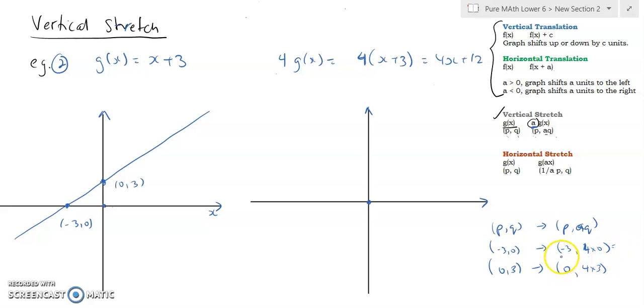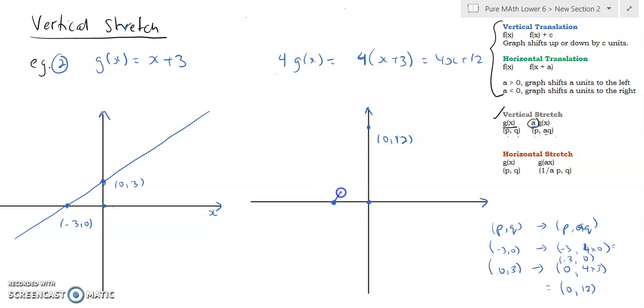So this will be (-3, 0), and this one will be (0, 12). So these are my new points now. So (-3, 0) will be the same point around here, and (0, 12) will probably be somewhere up here. So now all I need to do is connect.